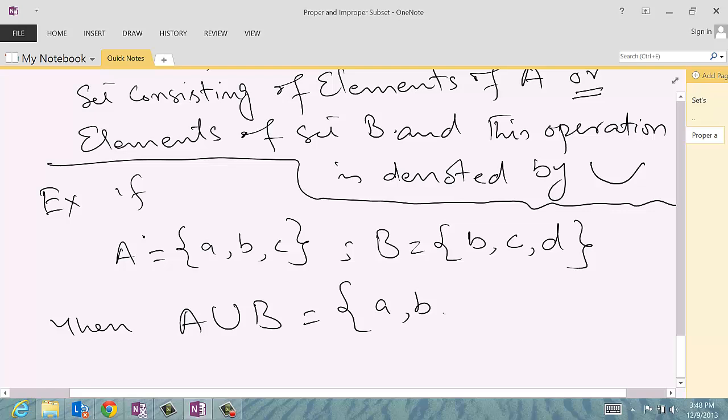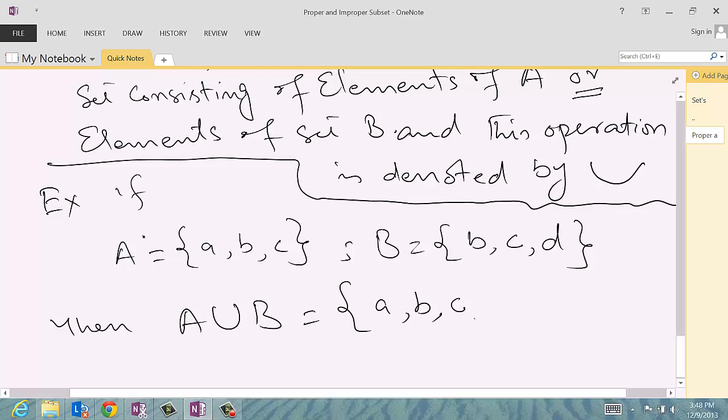Now you can see that B is appearing twice. One time it appears in A, one time it appears in B. But if you remember the original definition of set, we emphasize that the elements of set have to be distinct. So by definition of set, we cannot repeat B. So that's why we are going to write A, B and C. C is also appearing twice, but in a set, because we have to keep all the elements distinct, we cannot repeat C. We are going to write C only once.